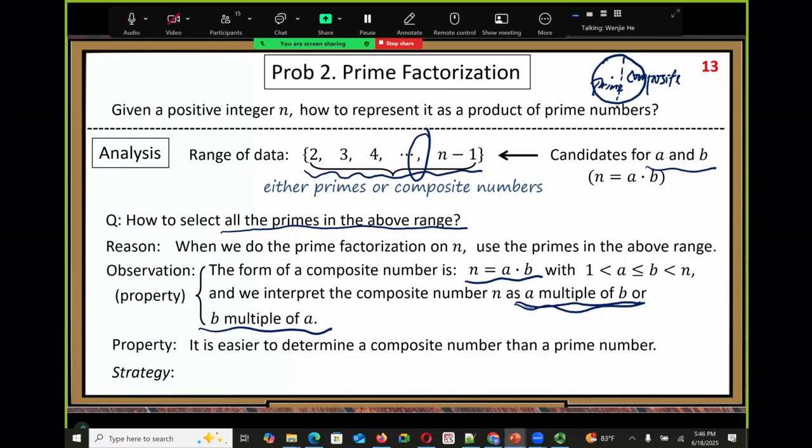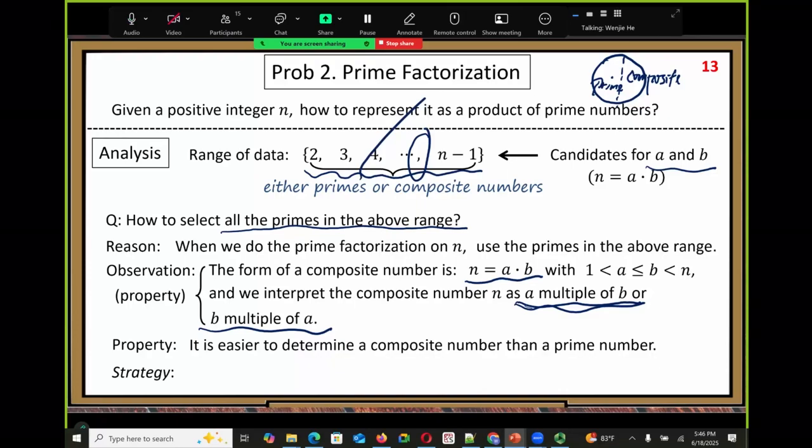So we want to solve this problem using some easier way. Based on this idea, now we want to work on the composite numbers. Determine all the composite numbers, then we cross them out. If there's a composite number in the list, let's cross it out from the list.